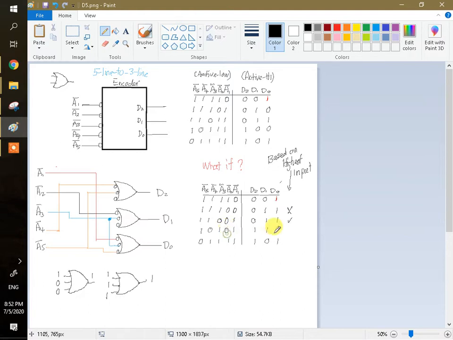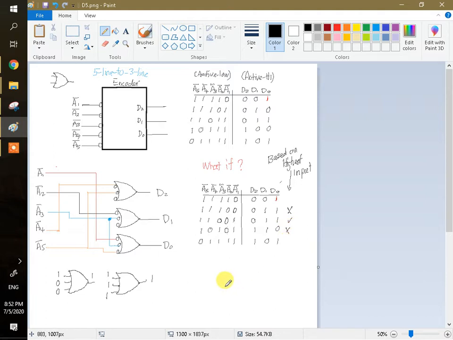Now the user presses 4 and 2 together. If we choose the highest one, which is 4, we should get 1 0 0, but we get 6. This is incorrect. This is not what we want.